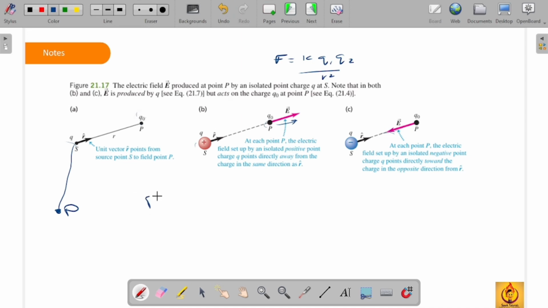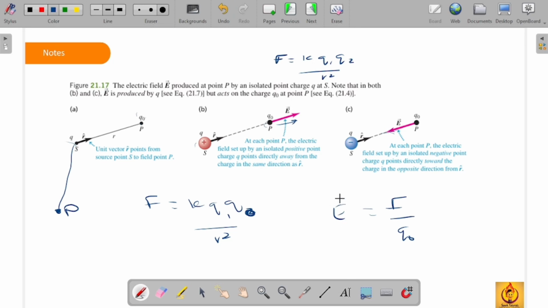Let's see. We say the force is k Q1 Q2 over r squared. And then we said the electric field is that force over the test charge. So somewhere here we can say one of these charges is a test charge. If you are going to divide by the test charge, that means this test charge doesn't affect our electric field.